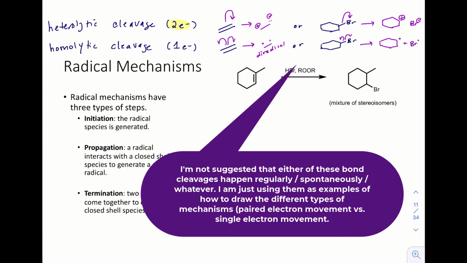Two electron movement, double-headed arrow, two electron movement. There are those two electrons. There are two electrons moving in the same direction. Versus one electron movement, homolytic cleavage, the electrons are moving in different directions.